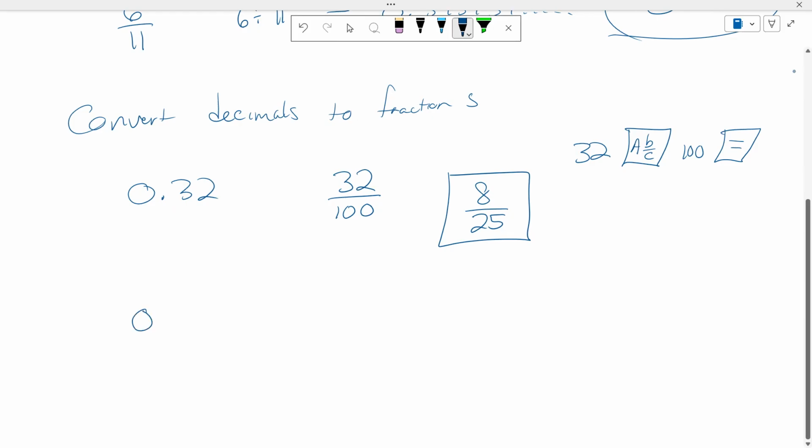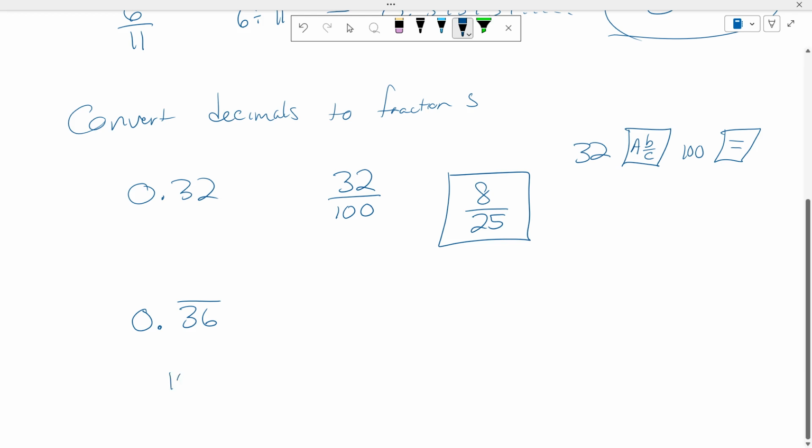Now we're going to take 0.36 repeating. Okay. Now, 0.36 repeating. What place is the 6? The hundredths place, correct?